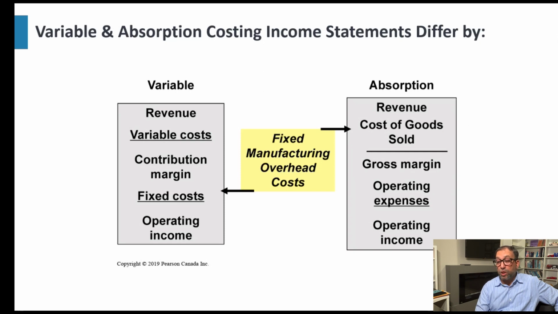The absorption costing method does not subtract only the variable cost. We also subtract the fixed cost related to manufacturing, and for that reason we call it cost of goods sold. When we subtract the cost of goods sold, we get gross margin. And from gross margin, we subtract the operating expenses, and in this way we get operating income.